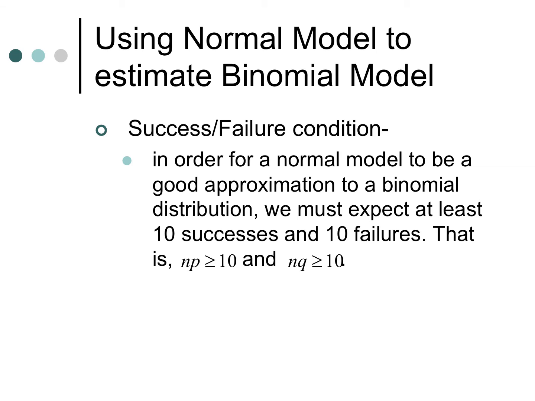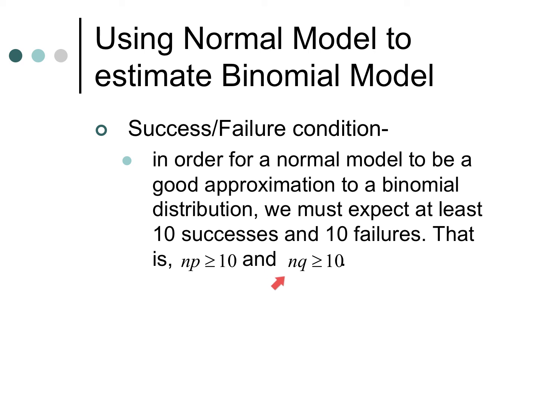We can use the normal model to estimate the binomial model if this success-failure condition is met, meaning we can approximate the normal model to a binomial distribution if we expect at least 10 successes and 10 failures. The number of successes we expect is n times p.